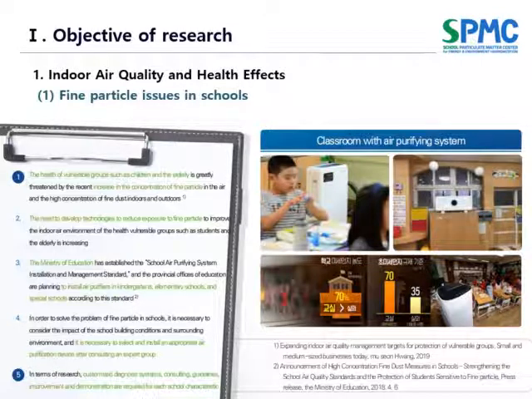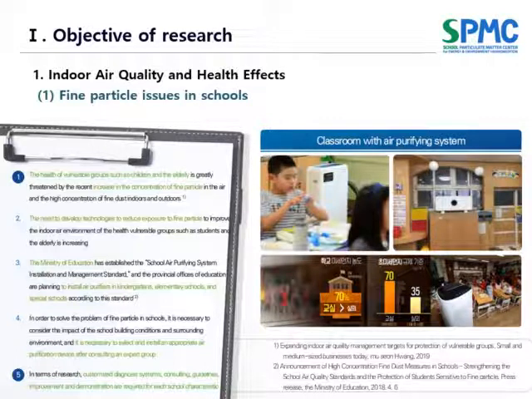Also, high indoor particle concentration has adverse health effects, especially on children and the elderly, who spend most of their time indoors, such as schools and residences. In this project, considering the students' long-term exposure in school, our research was conducted for elementary, middle, and high schools.